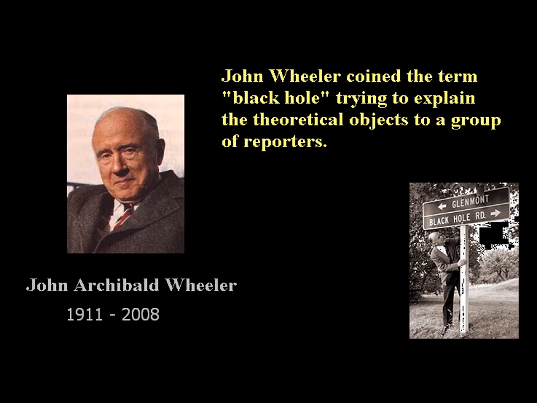And John Wheeler actually was the one that coined the term black hole, and he was the one that came up with this idea that you're trying to explain these things, and the reporters weren't getting it, and so he used it's like a big black hole in the universe, and so that's when the reporters said, "Oh, I understand, black hole," and so that became the term for this object.